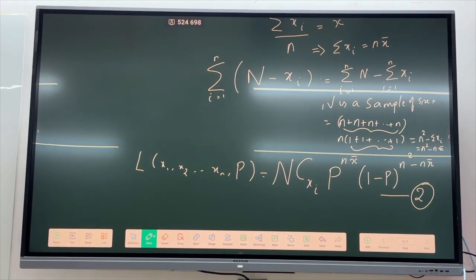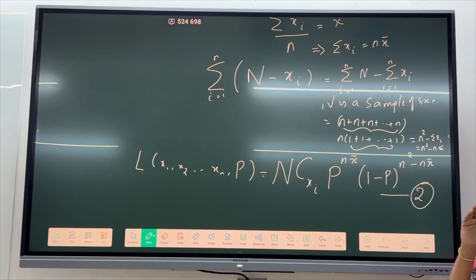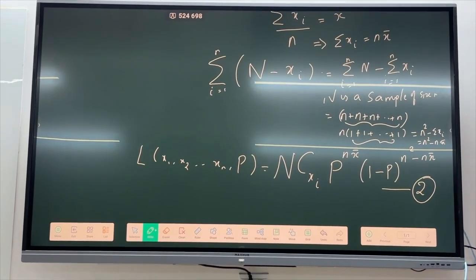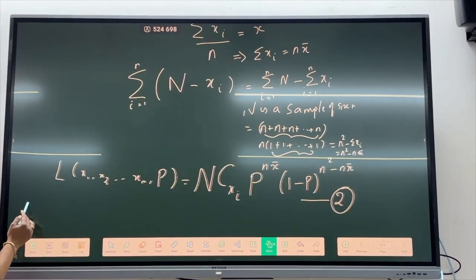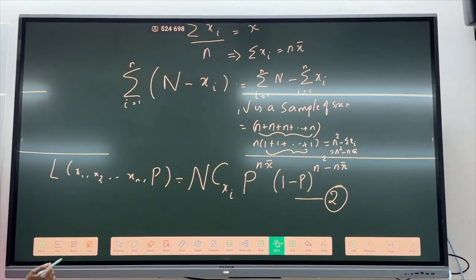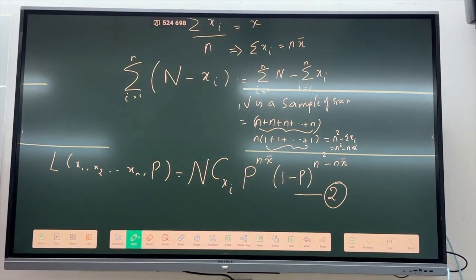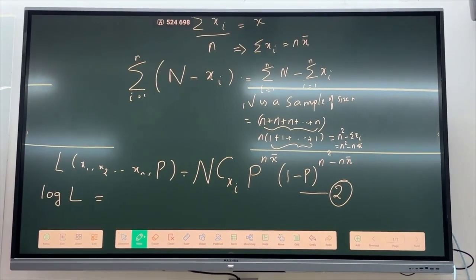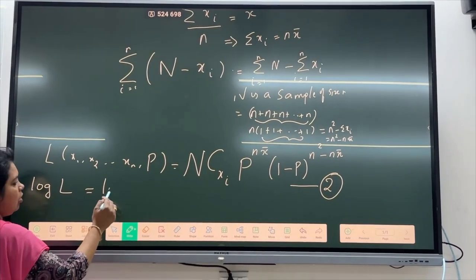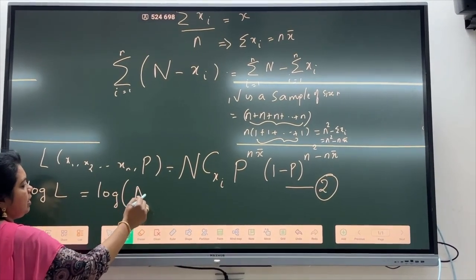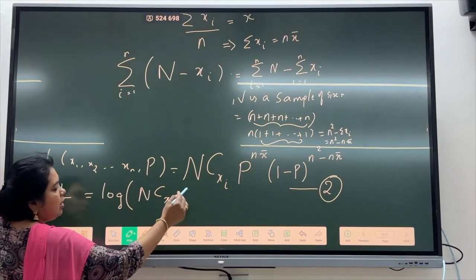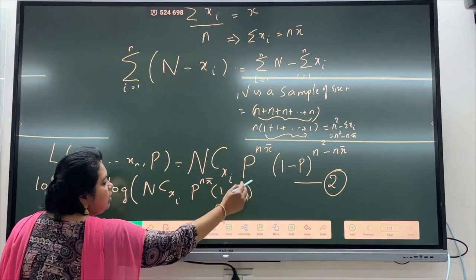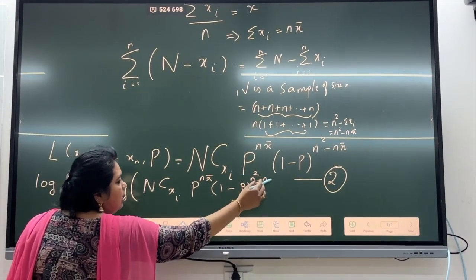Next, we have to find the maximum likelihood. We have to take logarithm on both sides. So log L equals log of the full term NC xi P power n x bar times 1 minus P power N square minus n x bar.